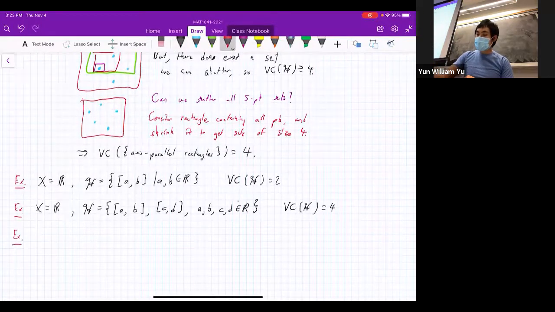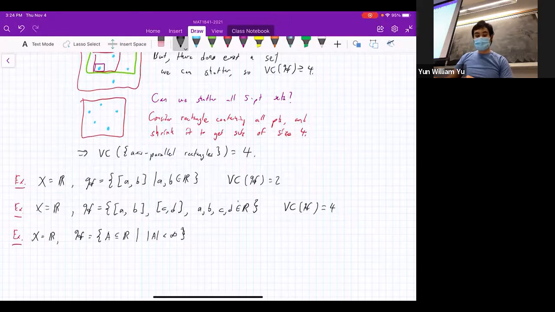Let's give another one. Let's say x is equal to the real line and h is equal to the set of all subsets A of R such that A is finite. So all finite subsets of R. What's the VC dimension of this?